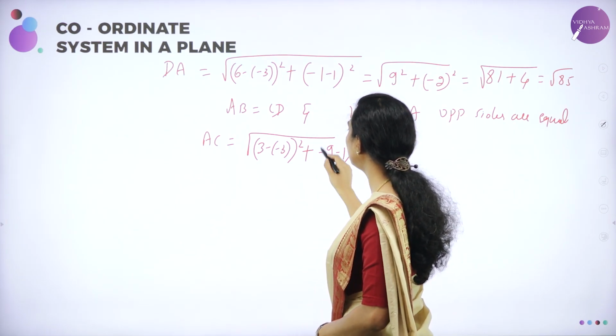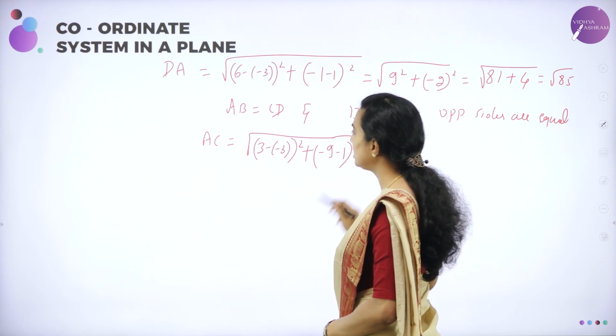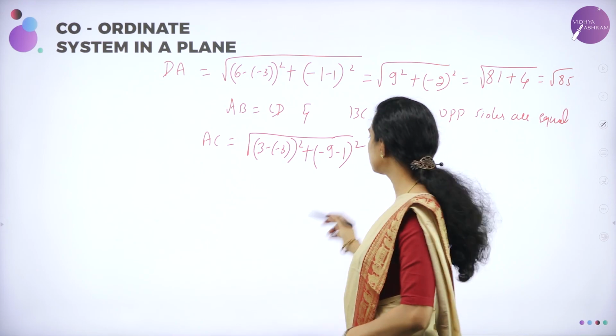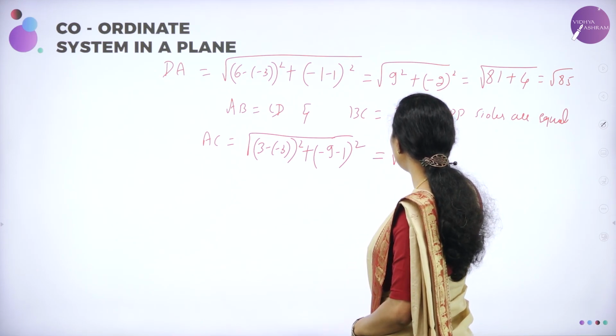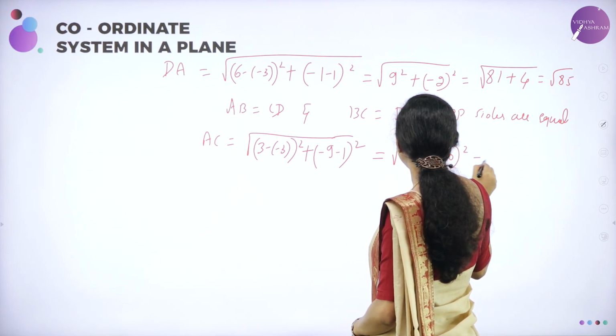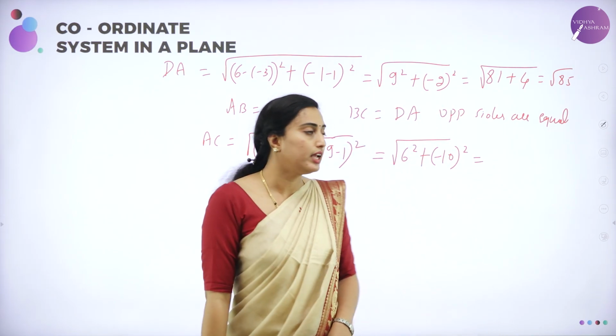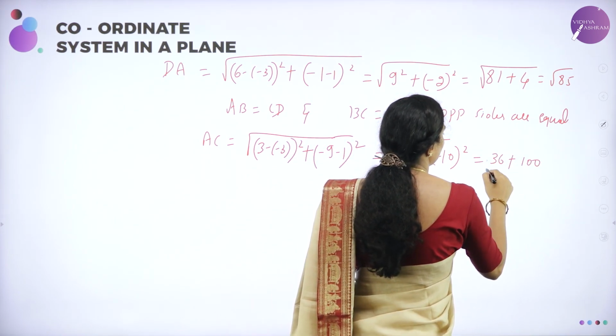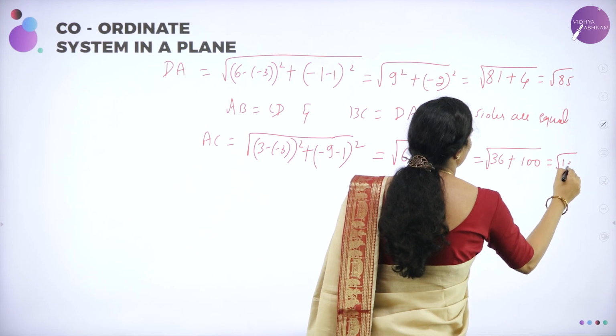Is that right? Yes. Which is equal to 3 plus 3, which is 6. Square root of 6 squared plus minus 9 minus 1 is minus 10 whole squared. What is 6 square? 36. 36 plus 10 squared is 100. So square root of 136.